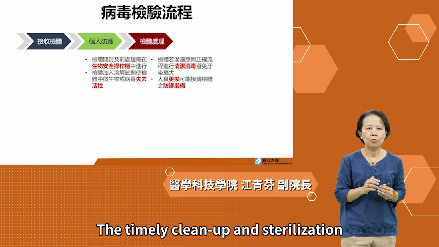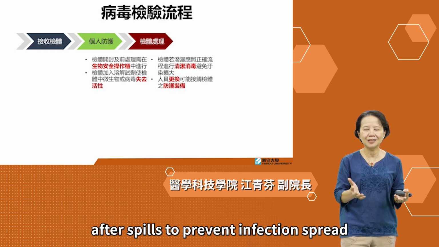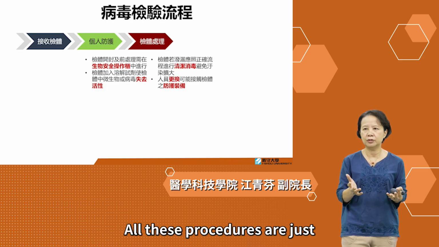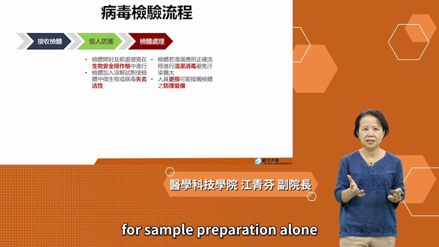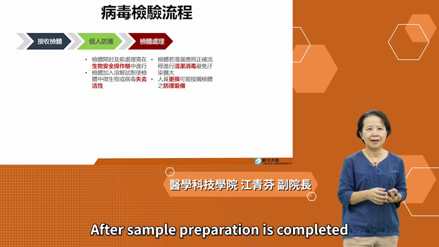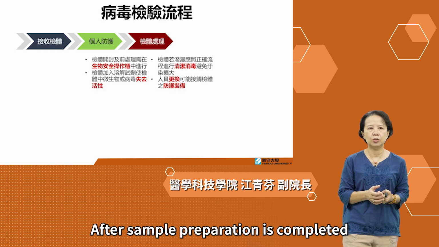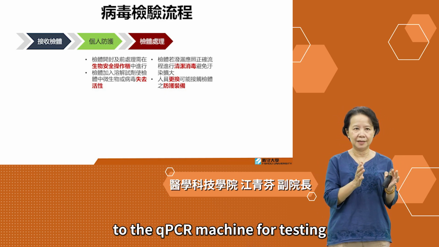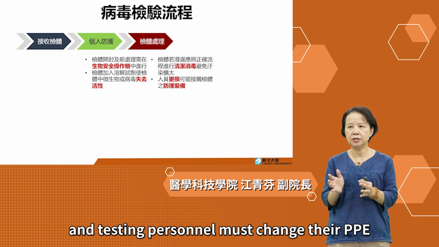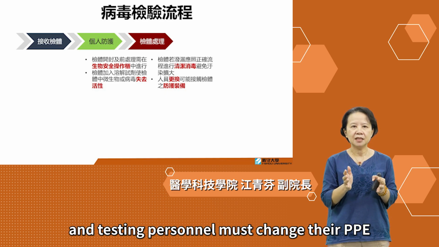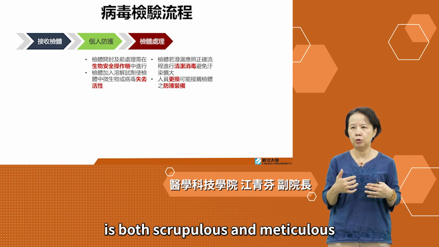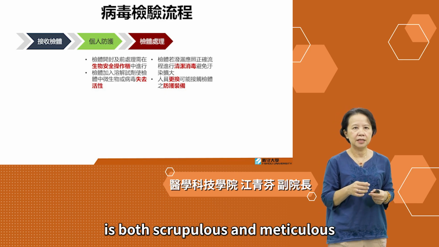The timely cleanup and sterilization after a spill to prevent infection spread is imperative. All these procedures are just for sample preparation alone. After sample preparation is completed, the sample must be transferred to the qPCR machine for testing, and testing personnel must change their PPE. The sample preparation step is both scrupulous and meticulous.